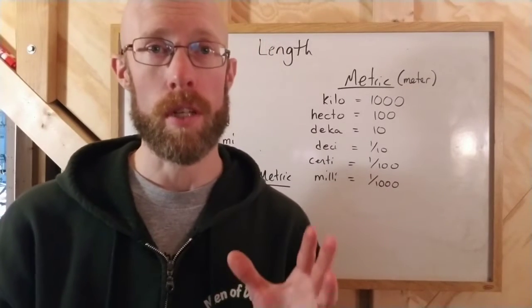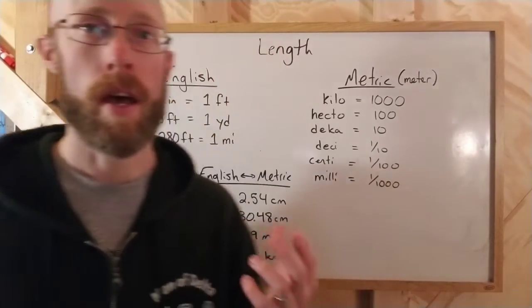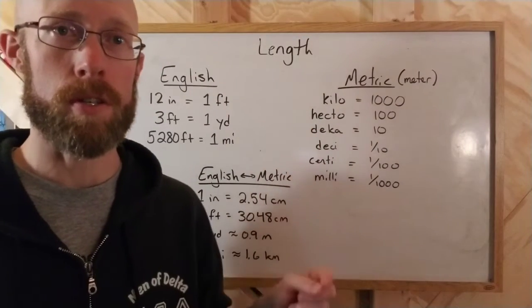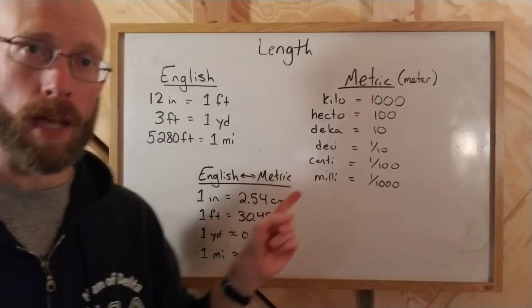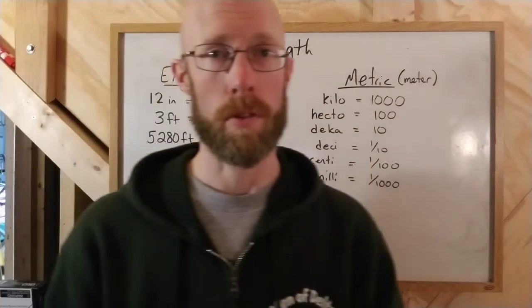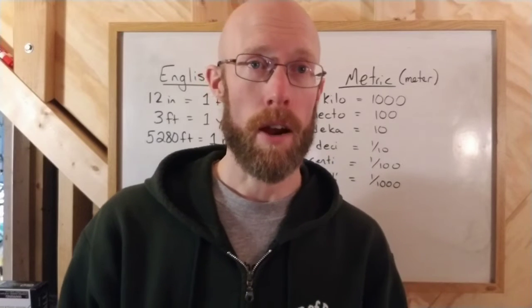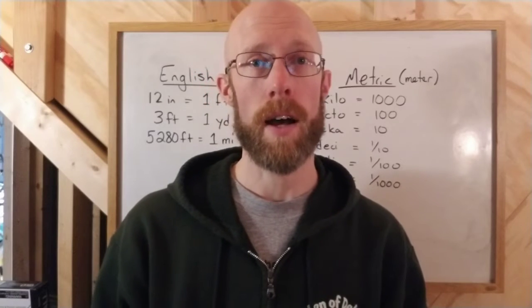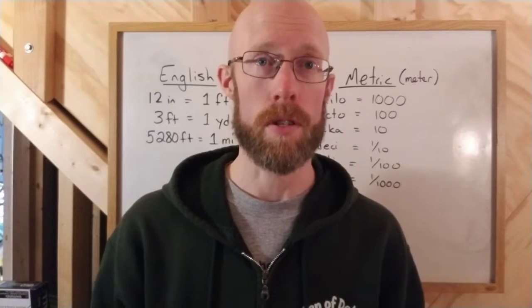And we're going to look at really two main systems of measurements or two main systems of units, the English system and the metric system, how you can do some conversions within those systems and between those systems. Okay, so we're going to look at all of that stuff for length, and we're going to look at that for area and volume later on, and then eventually with weights and temperatures.